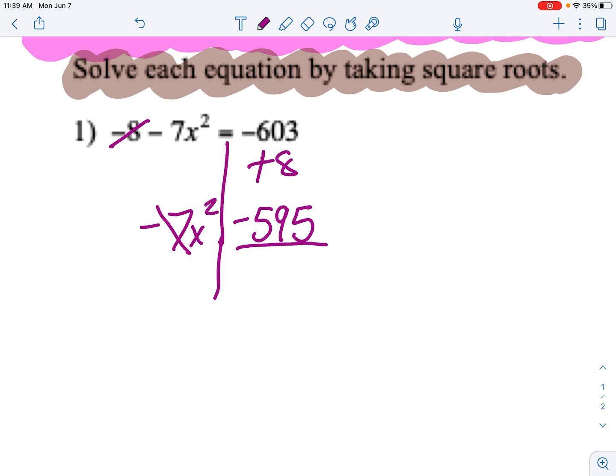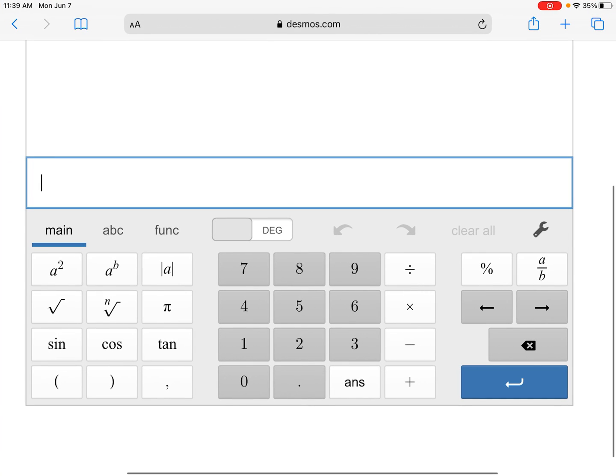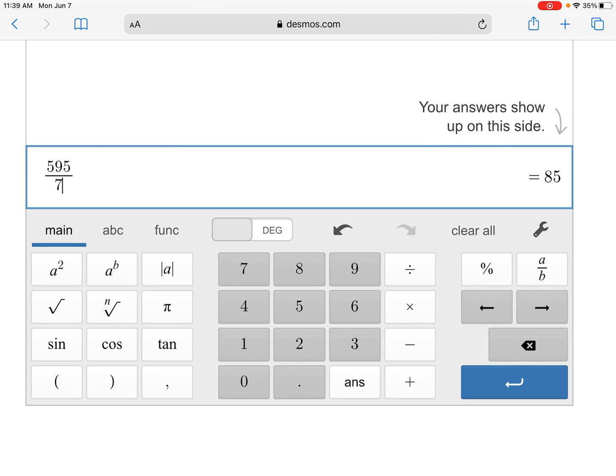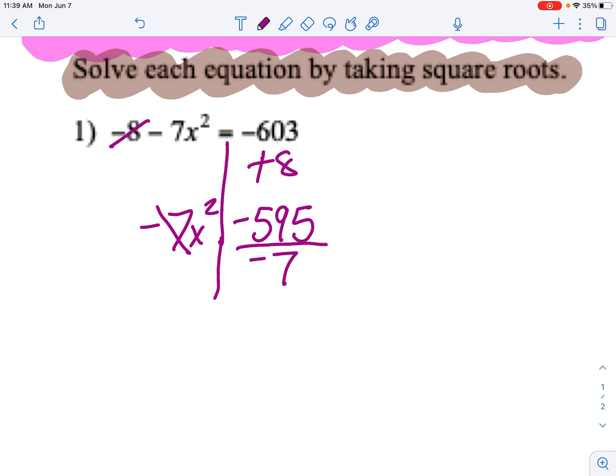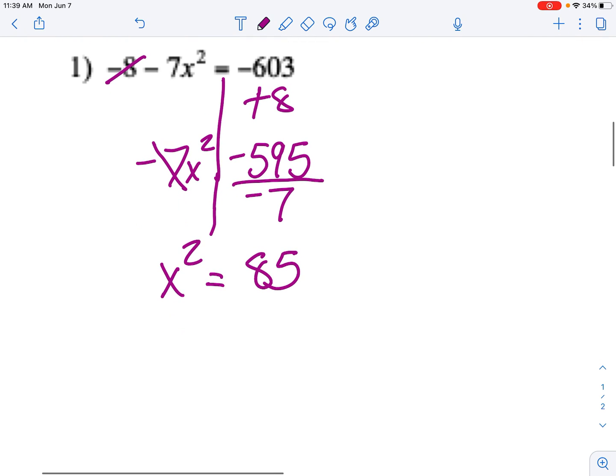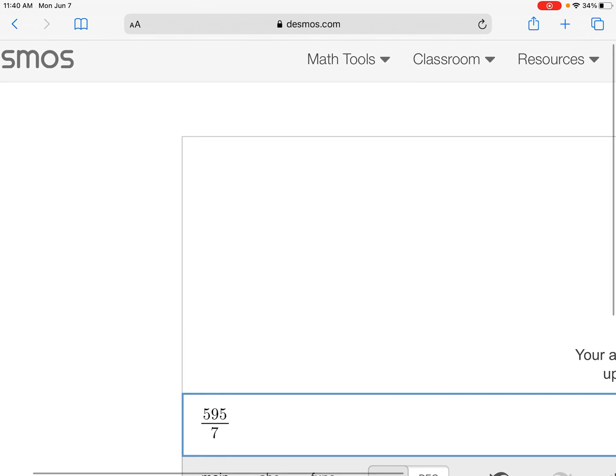So the opposite of multiplying by negative 7 is dividing by negative 7. 595 divided by 7 is 85. So we get x squared is equal to positive 85. Negative divided by negative is a positive. The opposite of squaring is square rooting.